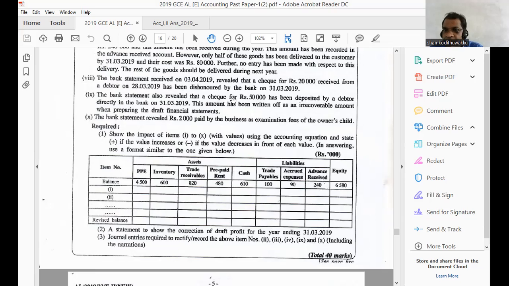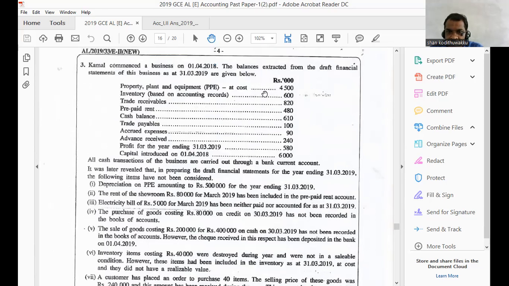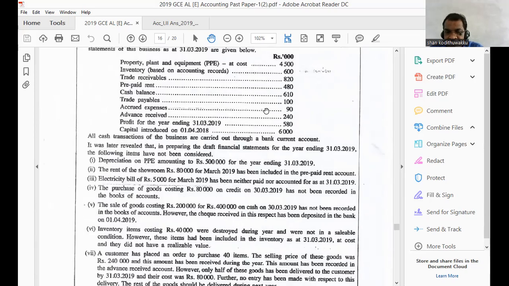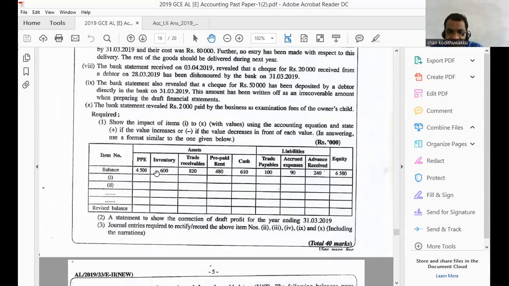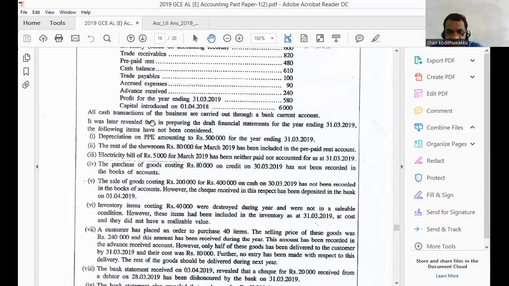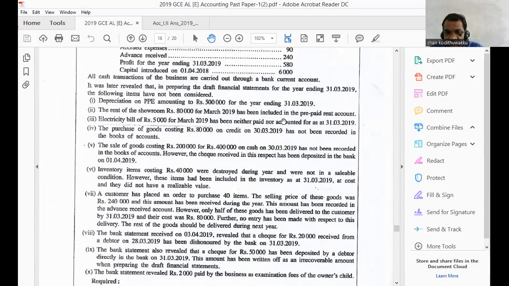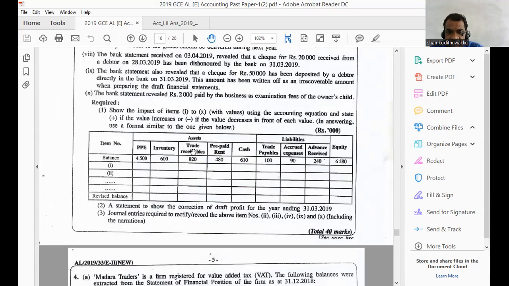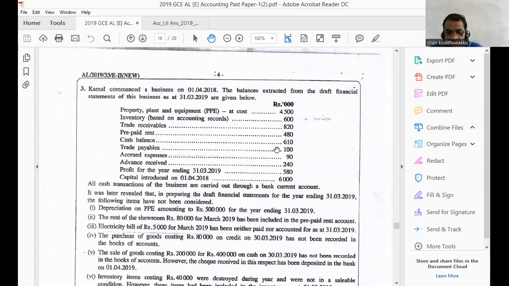Here, as you are given opening balances, you have to first record the given opening balances in the format like this. Balances 4,500. It is given. Then inventory based on account record 600. Then trade receivables 820. They have put it under trade receivable 820,000 because all the values they have given in thousands.